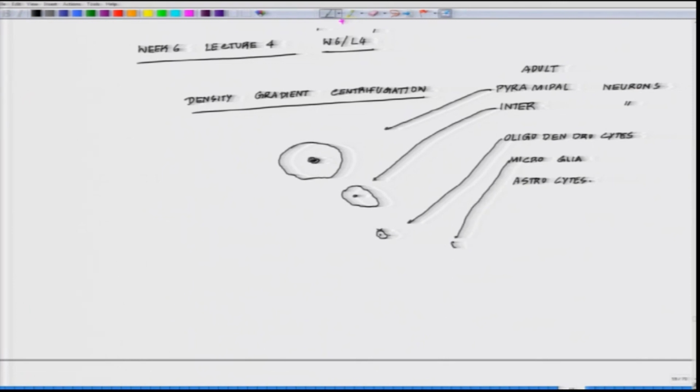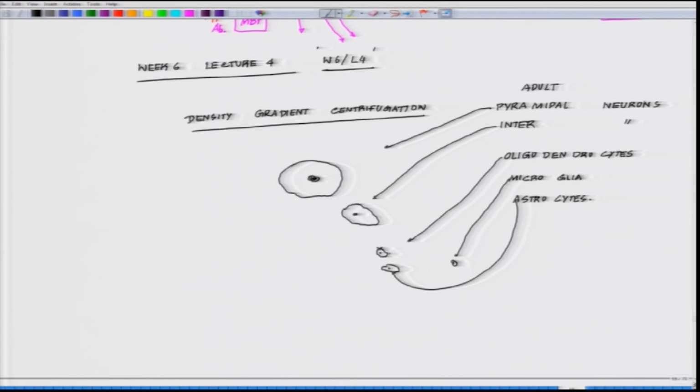Microglia you will not really be able to see, they are so small. Then you have the astrocytes, which are kind of similar to oligodendrocytes.